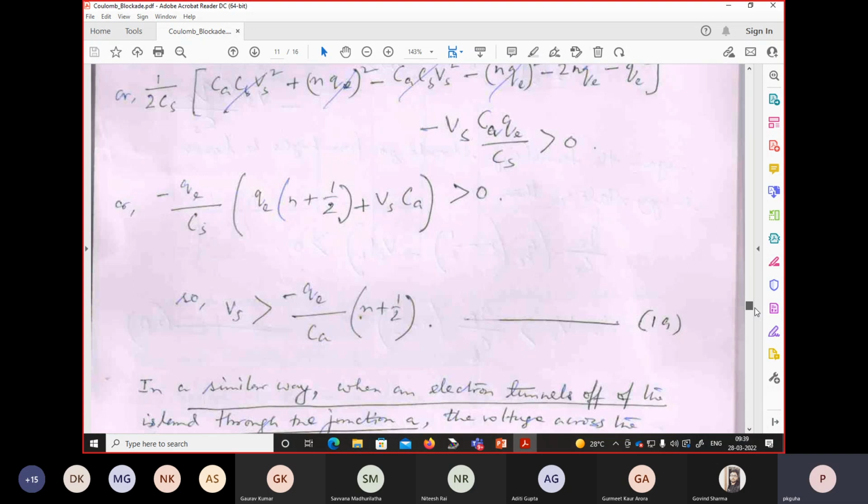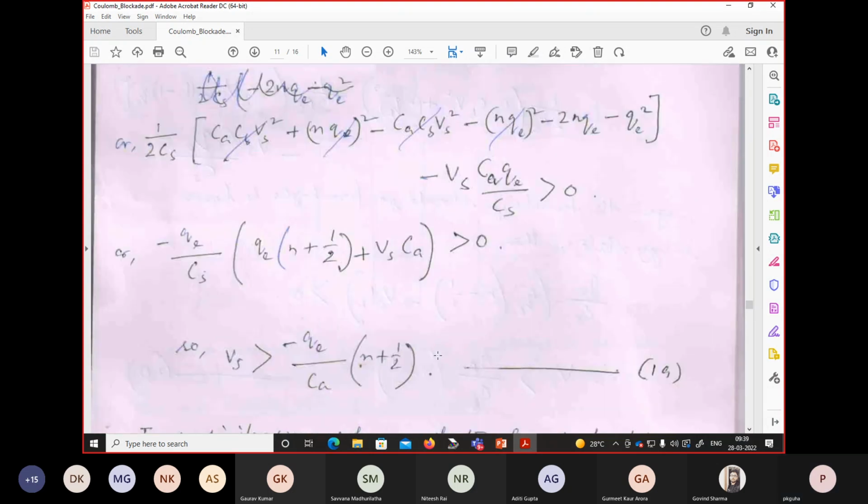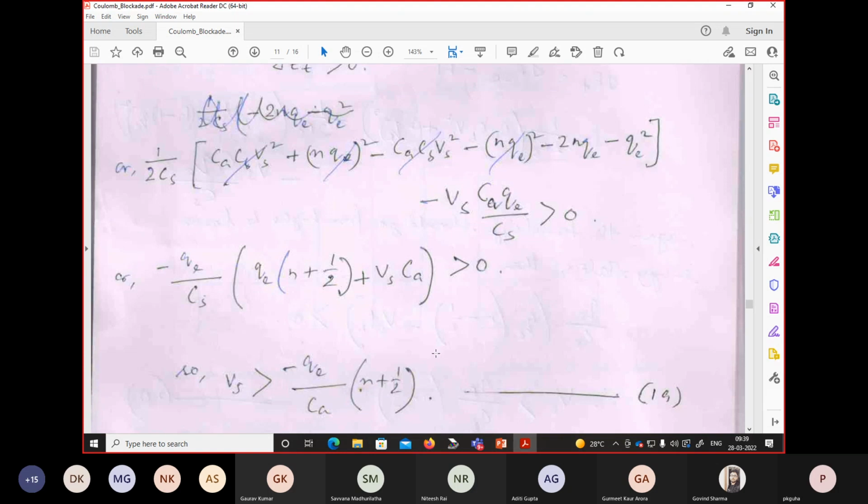Like 2n QE square, so that the dimension would also be correct here. If it is n plus QE by 2, the units won't balance. While opening, there was a slight mistake of QE. It would come as 2n QE square.